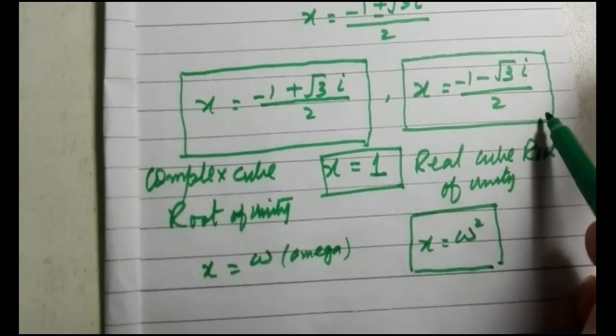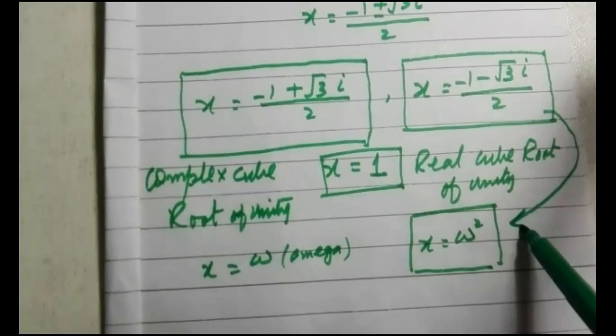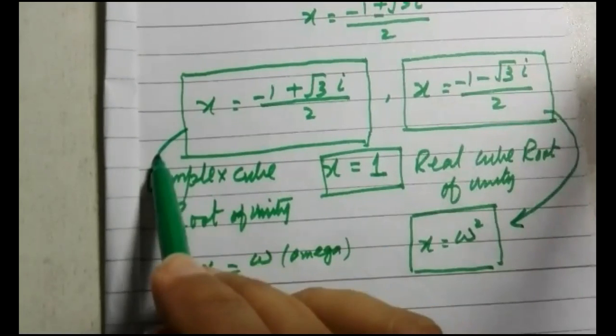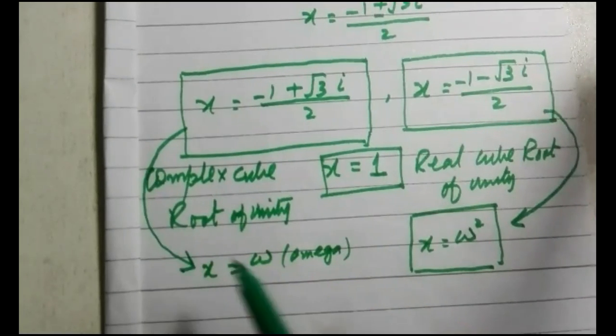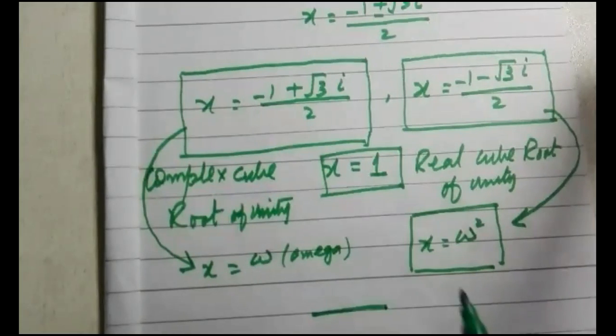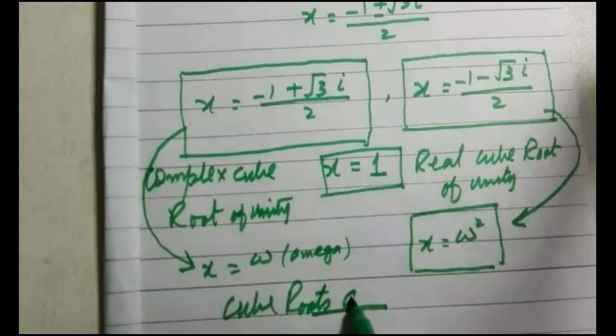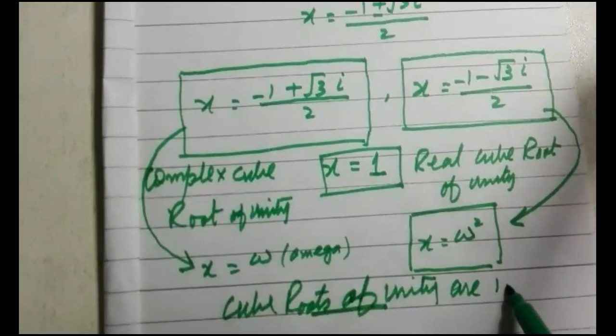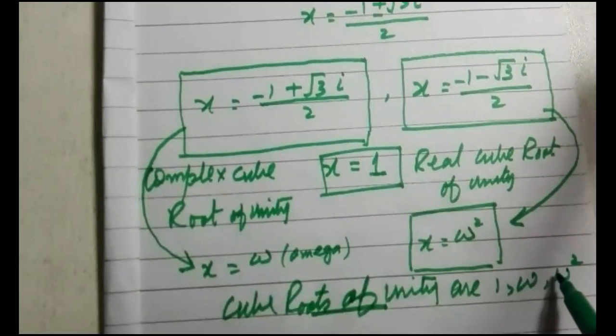This negative one will be labeled as omega square, and this will be labeled as omega only. You will rename it, or memorize it, as omega and omega square in this form. So if you shortly write it, the cube roots of unity are 1, omega, and omega square. These are the cube roots of unity.